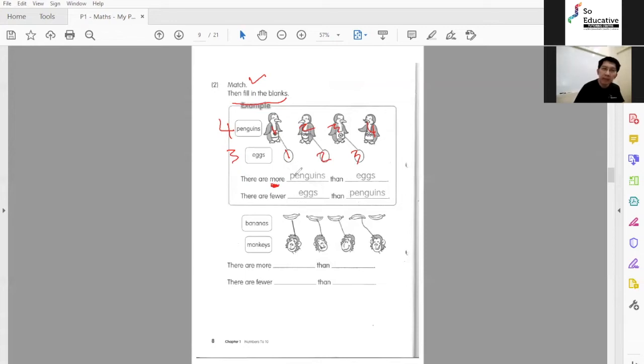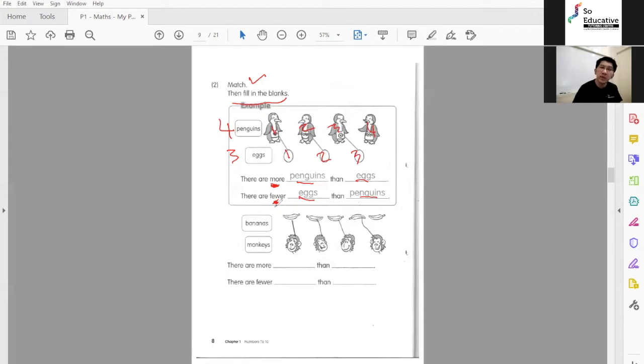So penguin has 4, bigger number than eggs. So we put down here penguins than eggs. The next one is there are fewer. Fewer means they're asking for a smaller number. There are fewer what? Fewer eggs than penguins.